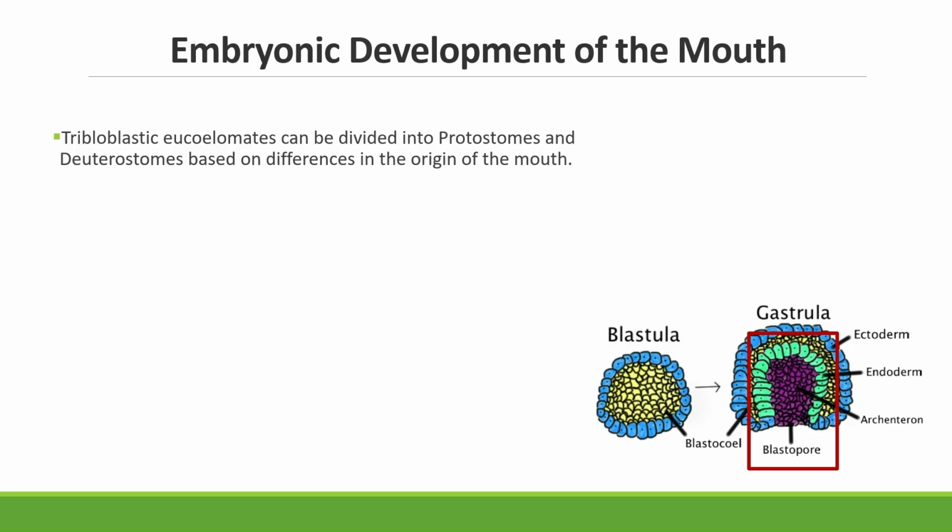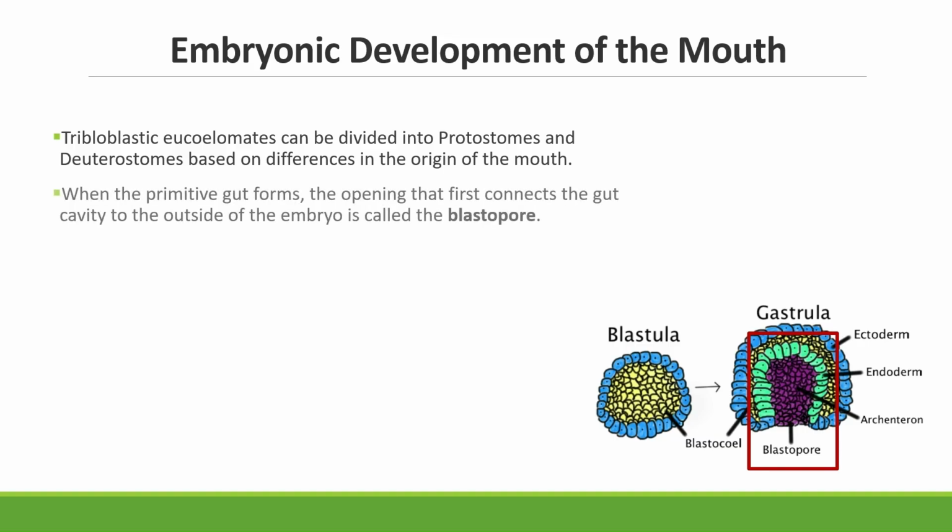Triploblastic eucoelomates can be divided into two major groups based on how the mouth and anus form during gastrulation. When the primitive gut first opens to the outside of the embryo, the opening is called the blastopore. So this is an early development. Here is the gastrula, and the blastopore has been formed from that inward folding.